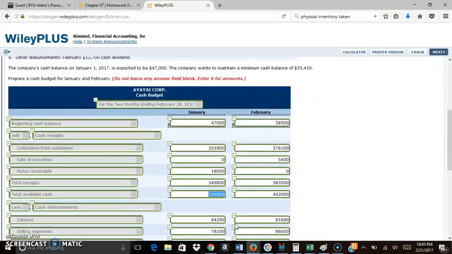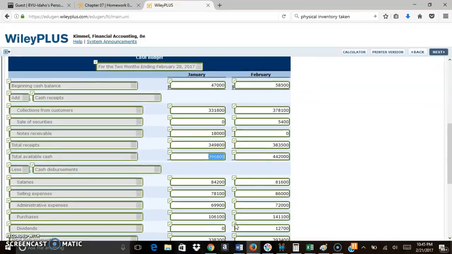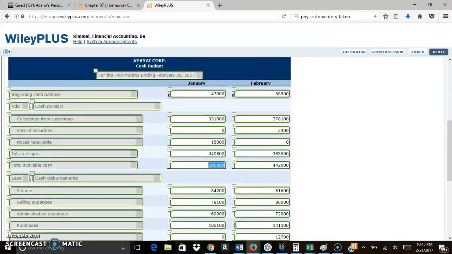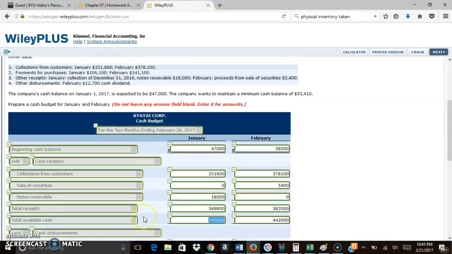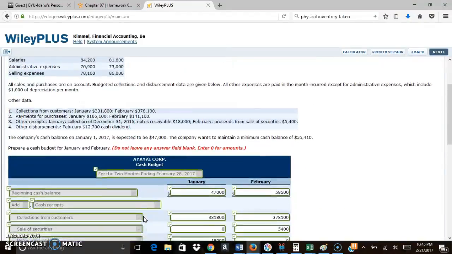And then on the next part of the cash budget, we're supposed to do less cash disbursements. The first thing that the book says is inventory, but I couldn't find any inventory in the information up here.